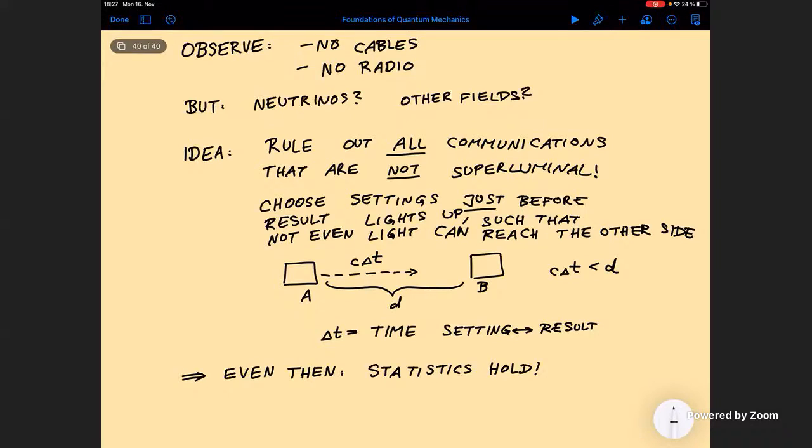Every second, for example, they choose a setting and then choose another setting and so on. And they note down the string of results: red, red, green, green, red, red, red, and so on. Each of them keeps their notebook separately. And then in the end, they come together and compare: look, what were the results when we had this combination of settings?